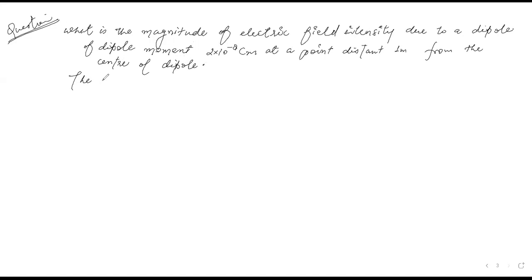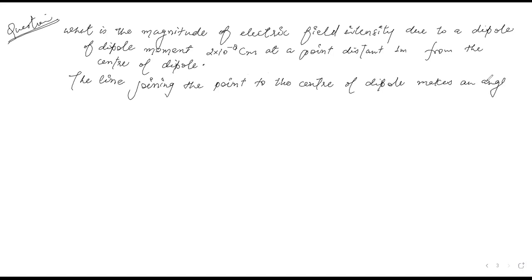The line joining the point to the center of the dipole makes an angle of 60 degrees with the dipole axis. Note it down, please.